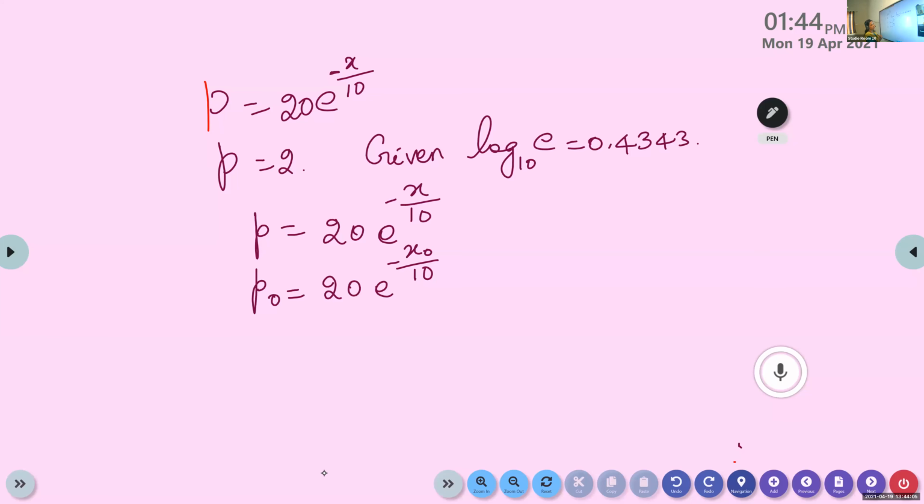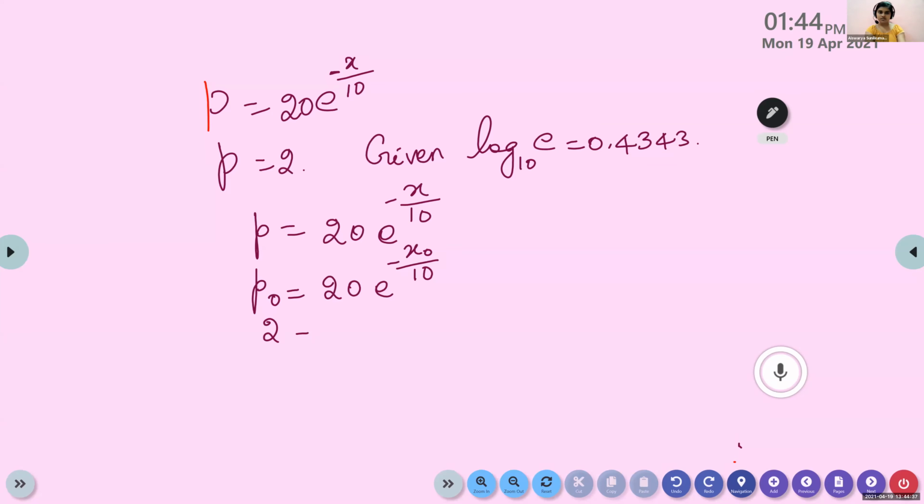What is the next step you wrote? What is the value of P naught? P naught is given as 2. What is the next step you wrote?